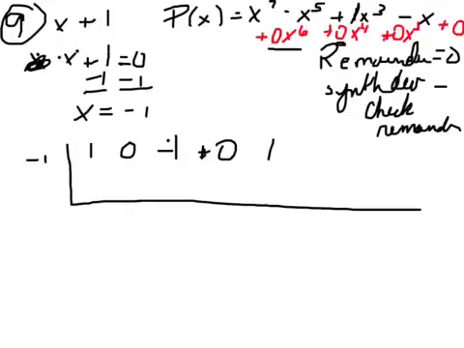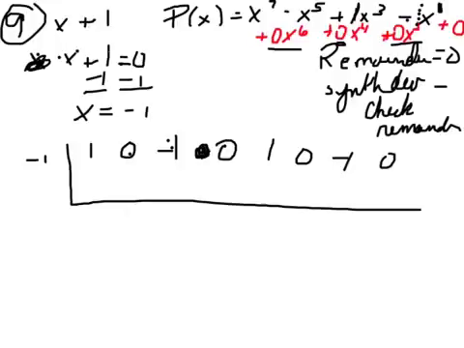I've lost my place. 7, 6, 5, 4, 3. Now 2. The coefficient of the x squared term is 0. The coefficient of the x to the first term is a negative 1. It's an invisible 1, and there's a negative in front of it. And then the constant is 0.